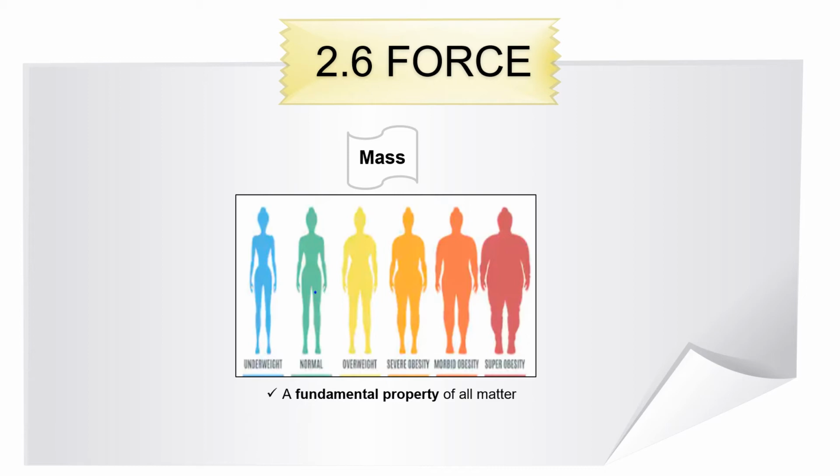A fundamental property is a property that cannot be defined in simpler terms other than to explain how it is measured. Mass is a scalar quantity which has magnitude and no direction. The SI unit for mass is kilogram, which is represented by kg.